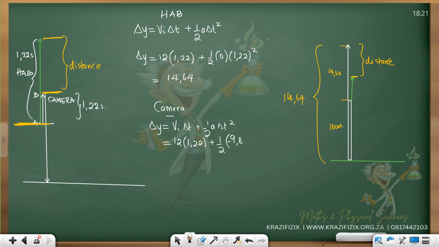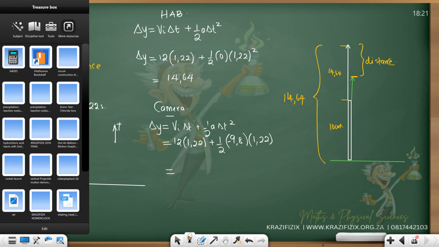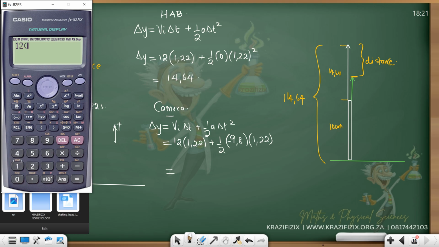Our a now is negative 9.8 because it's a free fall. Remember, we chose upward as positive, and g is always acting where? Downward. So what is the distance that the camera has traveled? 12 times 1.22. Please, this is where your signs are very important. Negative 9.8 and 1.22 squared.